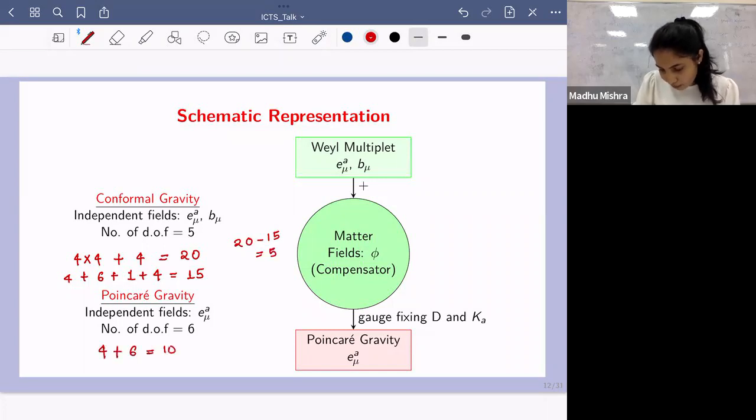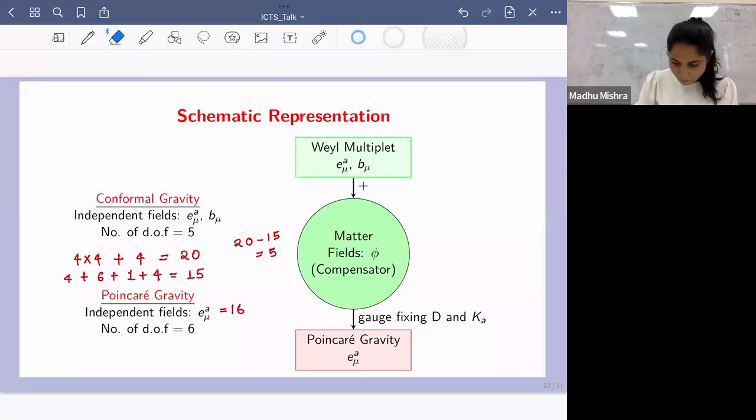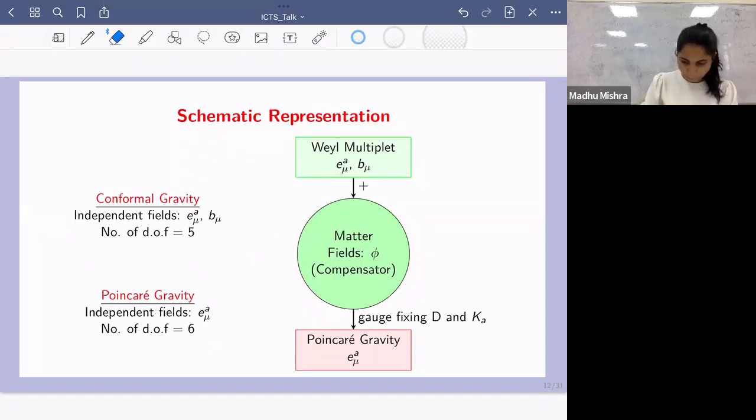So we have 10 symmetries and 16 components, which means we have 6 degrees of freedom in Poincare gravity. If you want to go from conformal gravity to Poincare gravity, we need 1 degree of freedom to compensate for this extra symmetry. And we will introduce this scalar field as a compensating field.